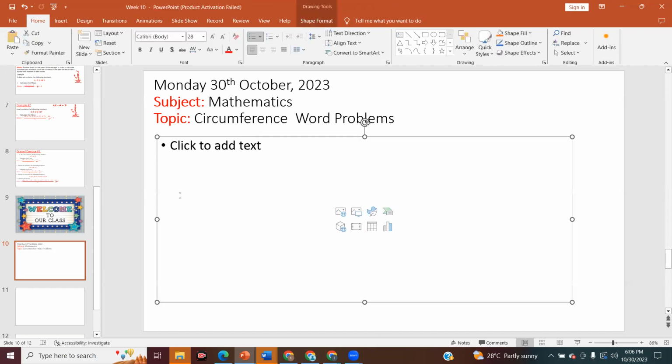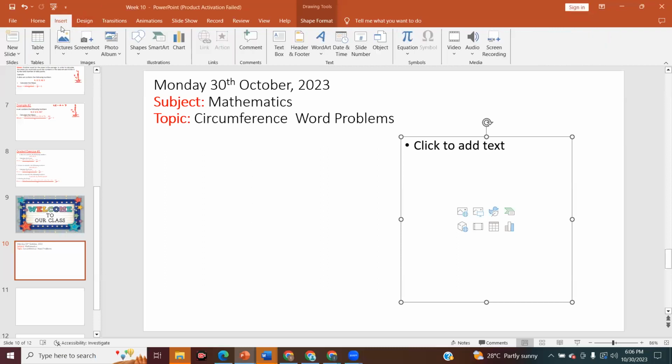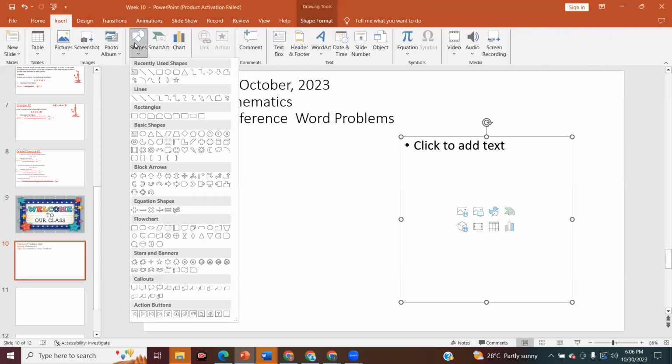Today we're going to be looking at some word problems that are associated with the circumference, particularly the circumference of a semicircle, and also combining the notions of a semicircle with looking at the circumference of a rectangle. So basically combining all of them together.